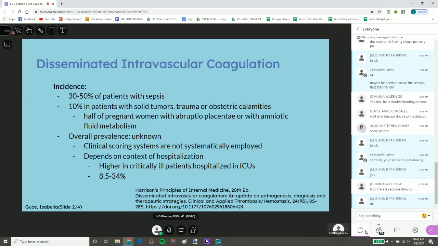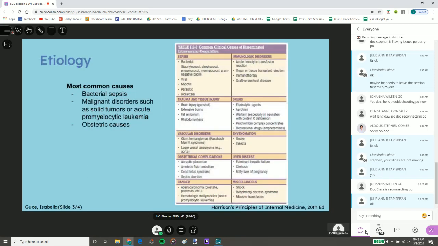In this subset of patients, the prevalence of DIC ranged from 8.5% to 34%. So, as you can see here, table 112-2 summarizes the common clinical causes of DIC. Though the most common causes are bacterial sepsis, malignant disorders such as solid tumors or acute promyelocytic leukemia.